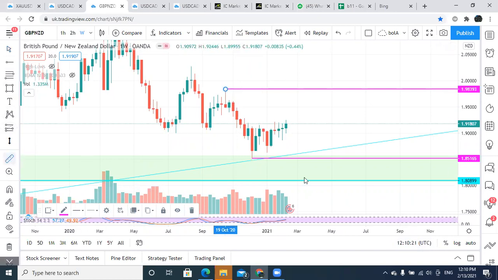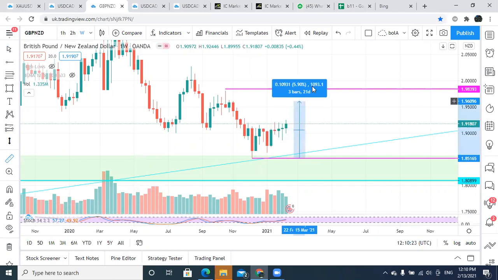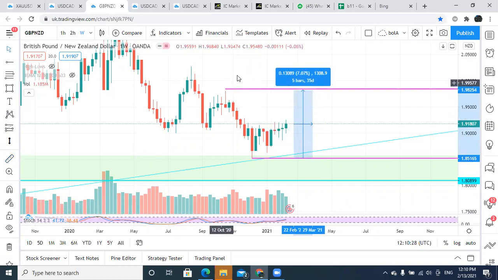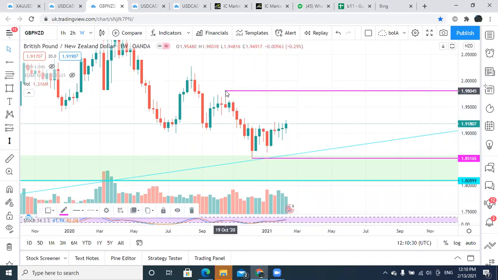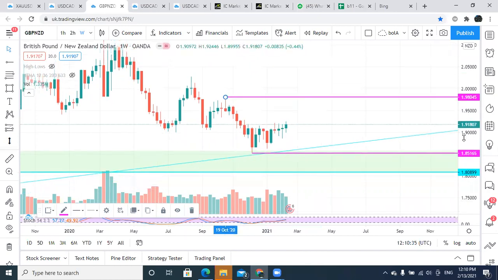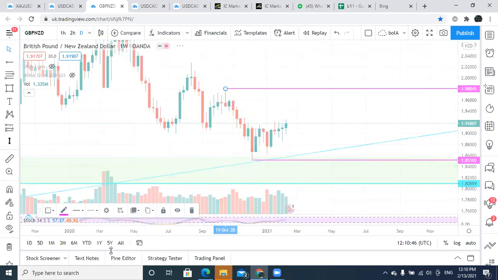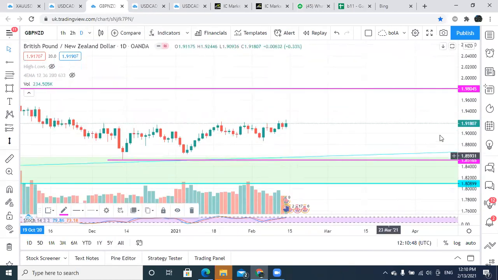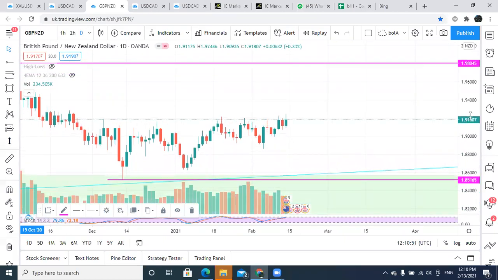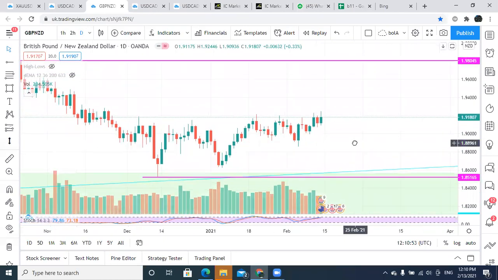So from here to here is about 1,300 pips, which is not a bad trade if someone can be patient and catch that. All right. So those are the levels that we're going to be working with for now. And obviously, I haven't decided a weekly zone or weekly level. It's now high time to look for what the daily is saying.